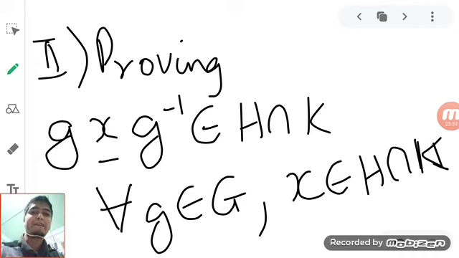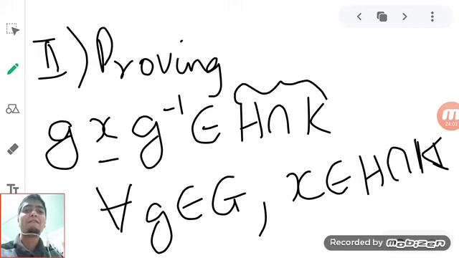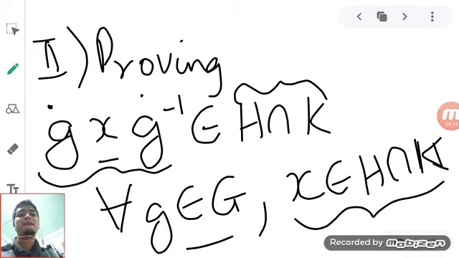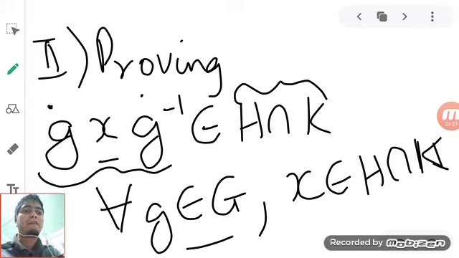Again, I will repeat: if you have to show that H intersection K is normal, you have to show this: GXG inverse belongs to H intersection K, where G belongs to G and X belongs to H intersection K. So how will we do it? We will start with this.